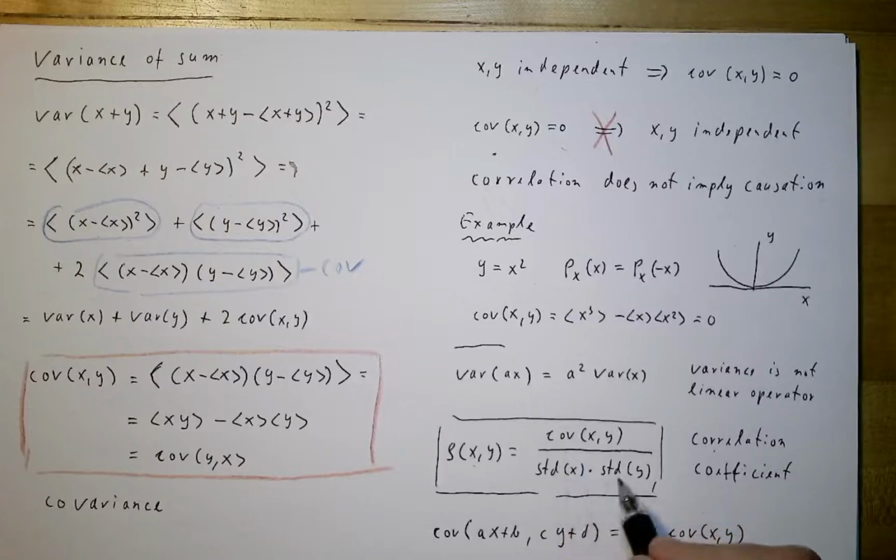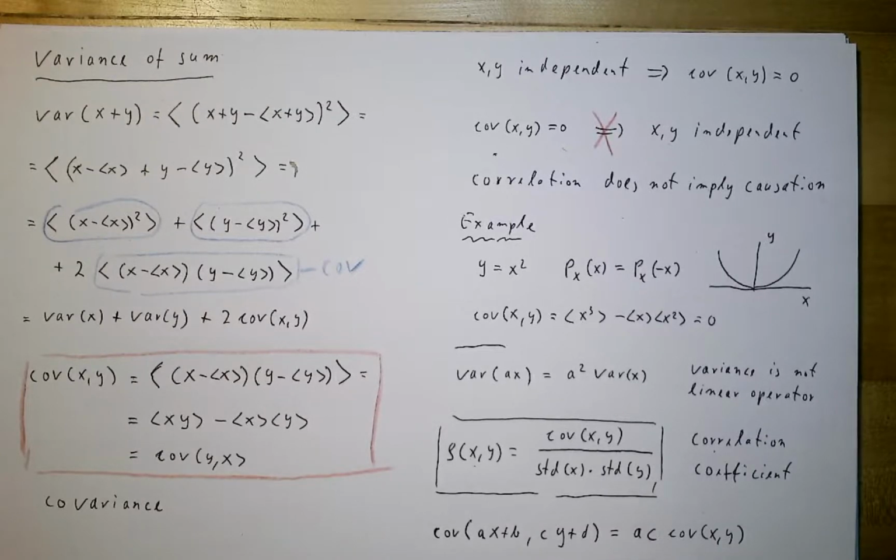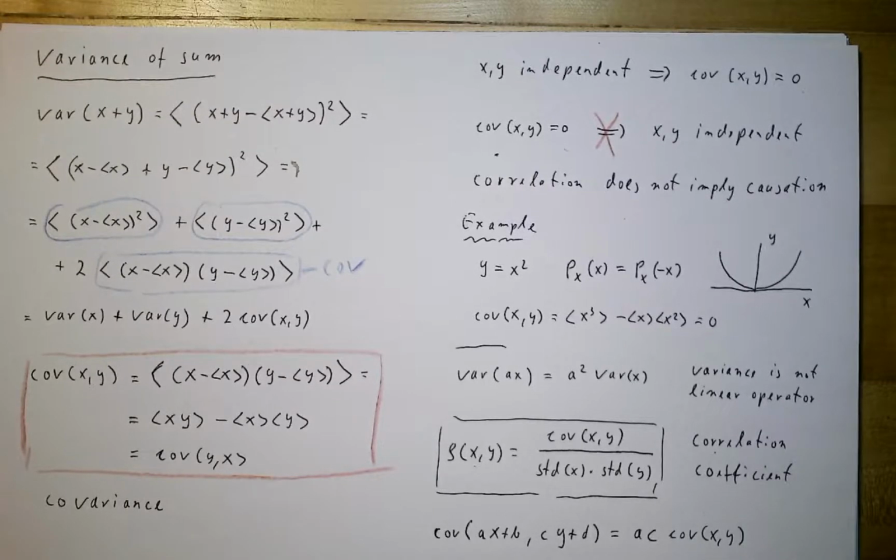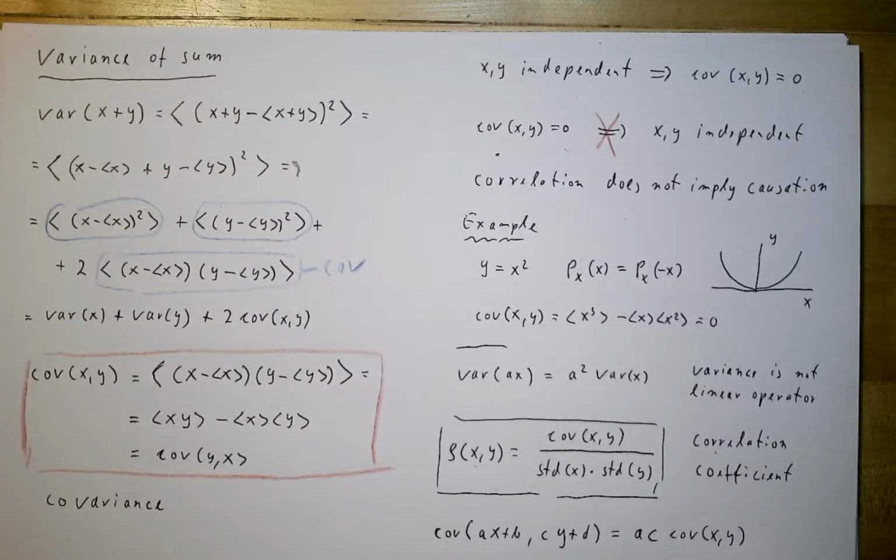If we normalize the scattering out, we get the correlation coefficient. So the correlation coefficient of a scaled x variable and a scaled y variable is just the correlation coefficient of the original variables, and the only thing that can happen is that you have a minus sign.